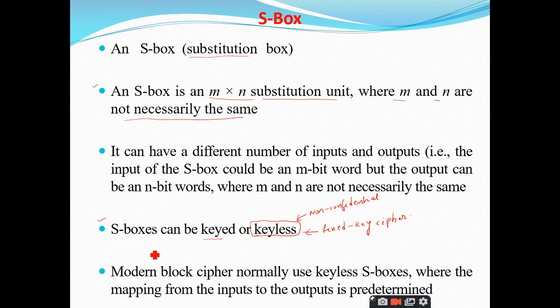So for the S boxes, we have keyed as well as keyless ciphers, and modern block ciphers make use of the keyless S boxes only. That means the inputs and outputs are predetermined, pre-connected with each other, right? But we'll see how these S boxes are implemented. As I told, the S boxes are implemented using mathematical functions.